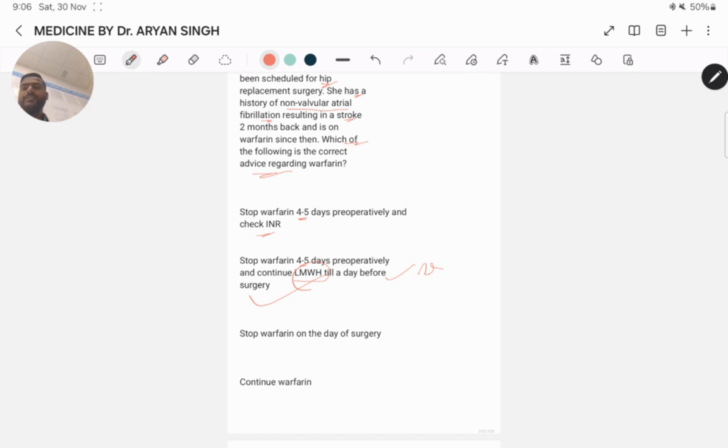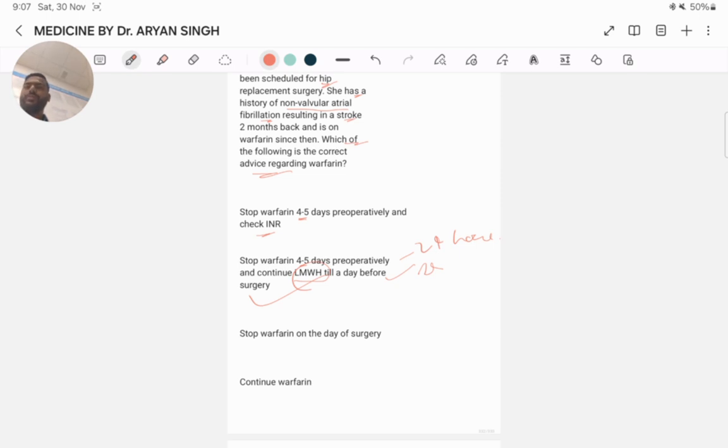Since the patient has increased thromboembolic risk from the stroke, warfarin is stopped 4 to 5 days pre-operative and low molecular weight heparin is used till the day before, how much? 24 hours. In a patient with high risk of thrombus, for example those with certain mechanical heart valve implants or atrial fibrillation and prior thromboembolic stroke, warfarin should be stopped and replaced with UFH or LMWH to minimize the risk.